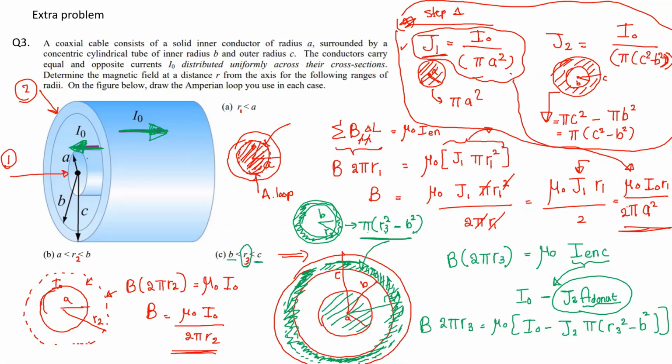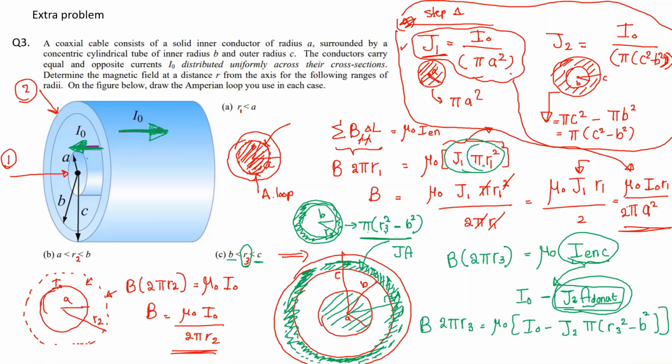Okay, so can you see that whenever we calculate I enclosed, it's the same format that we follow. We multiply J by A. When there are parts of currents like this, and like in the first one, what we did was we always did current density times the area.